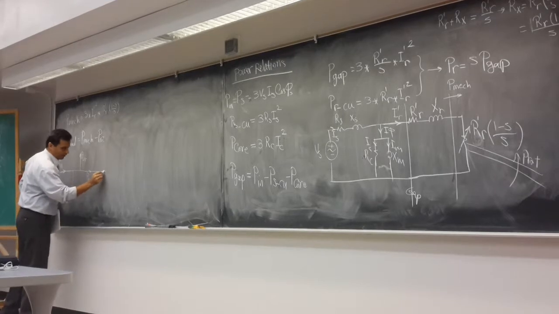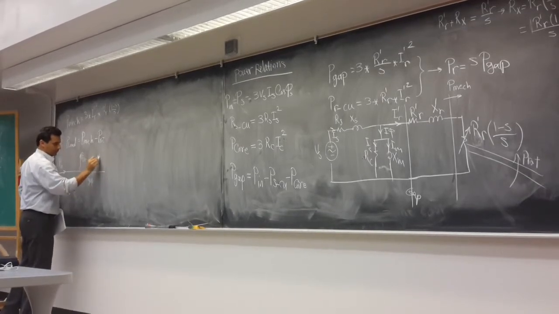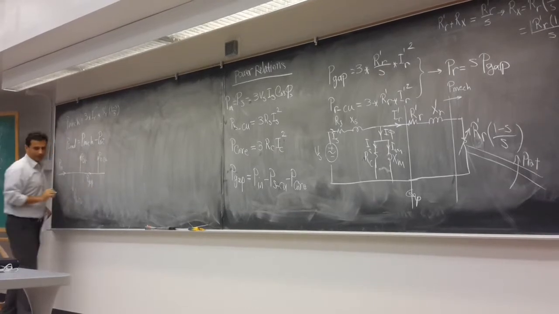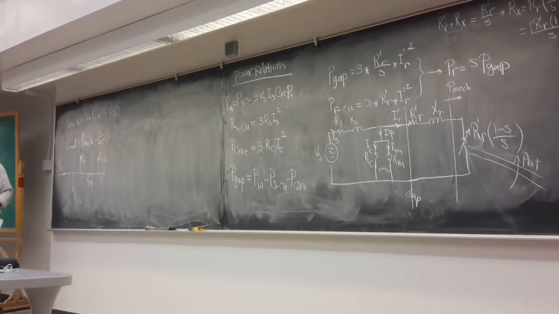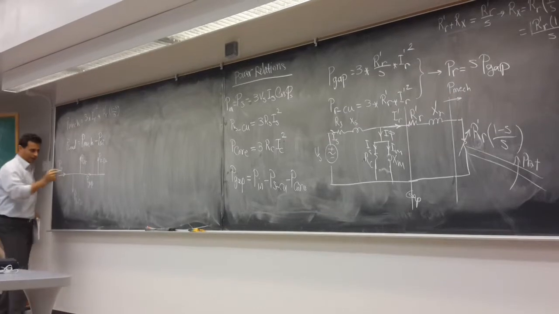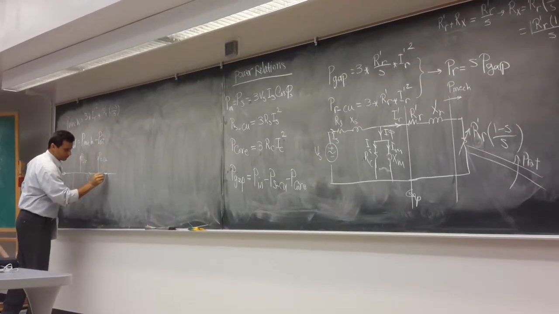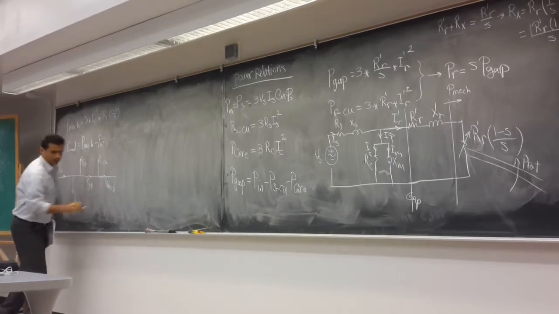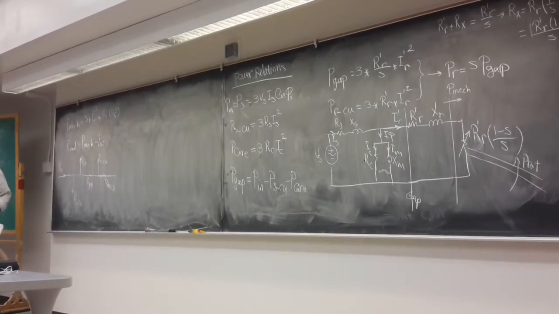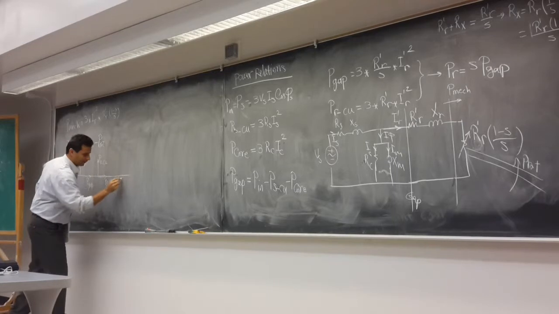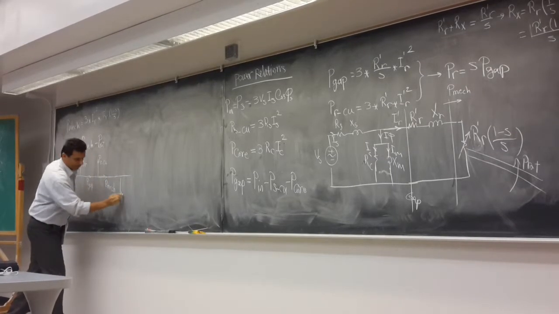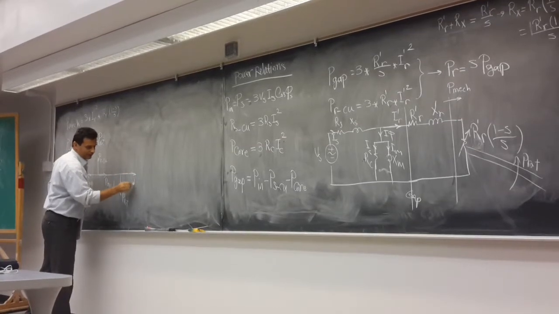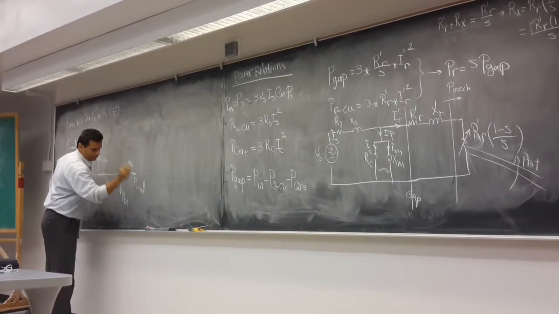And after here, what did we lose again? P rotor copper. And what did we call it here? This is the P mech, right? And what did we lose after here? P rotational. And what is here? P load.